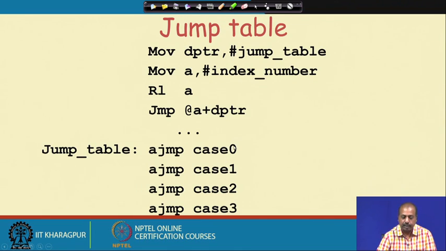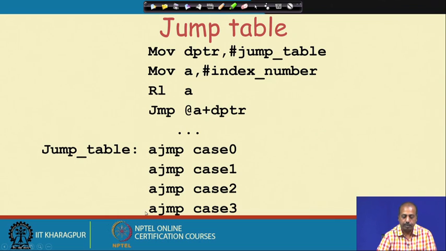Now, each of these instructions will take 2 bytes. If the jump table address is say 9000, then for the A value, say the index number is 5. Rotate left A multiplies it by 2, so it is 10. As a result it will jump to DPTR plus 10.